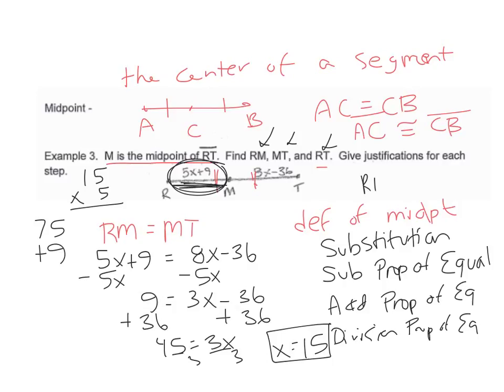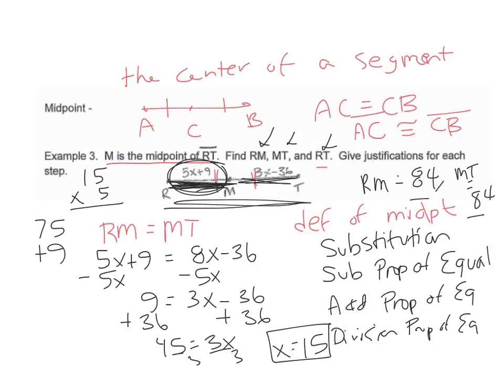So RM equals 84. In order for this to be the midpoint, RM has to equal MT. So that means that MT equals 84. So the whole thing, RT, has to be twice 84, or 84 plus 84. So it's got to be 168. So here are my answers.